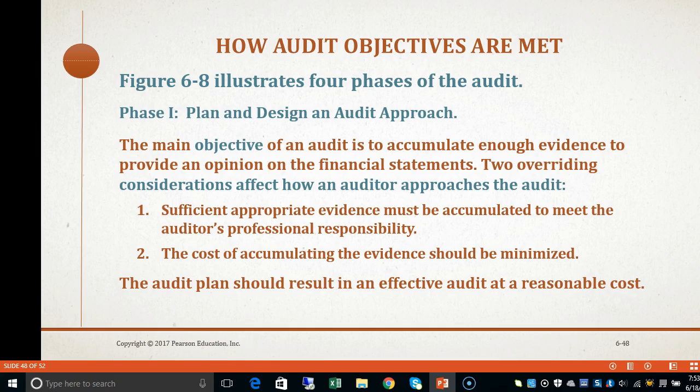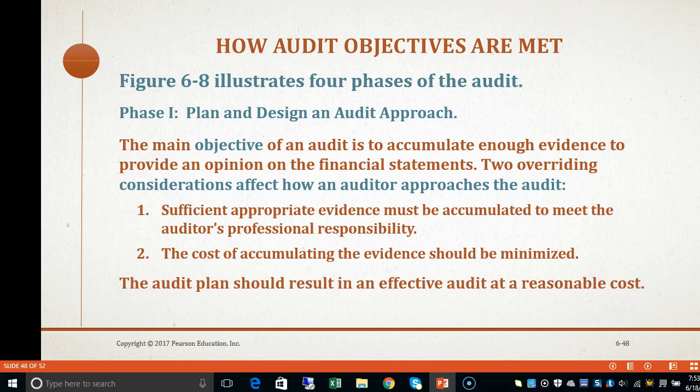So for example, if there's X amount of dollars on the cash balance sheet, and a company has every month's bank statement available with the bank reconciliation signed off and dated by the controller, that'd be a good form of evidence and internal control as well.